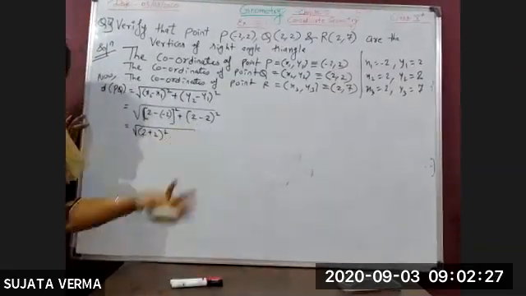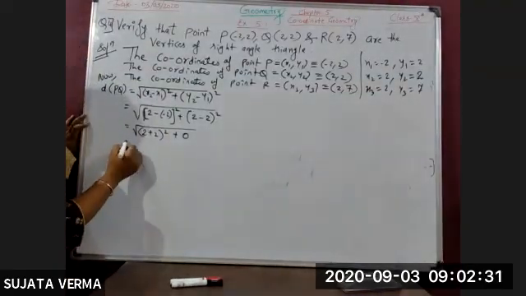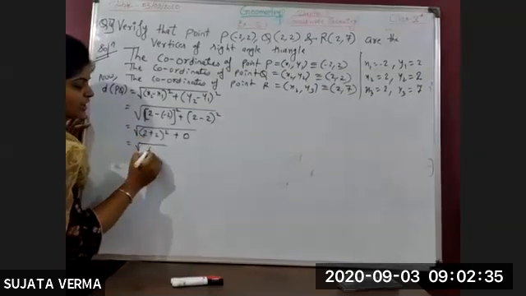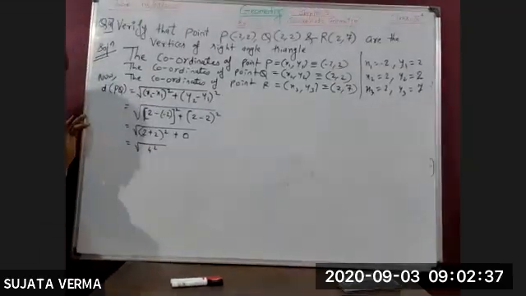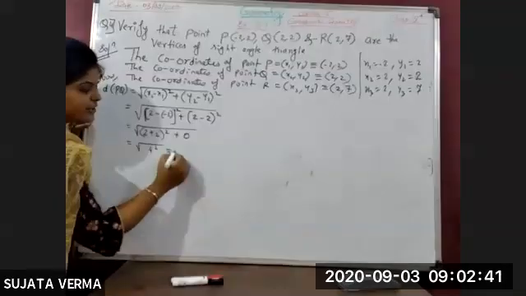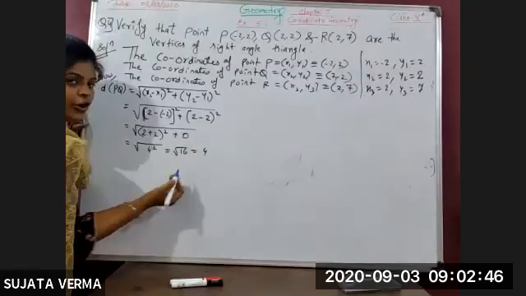Here 2 minus 2 is 0. Finally we get 2 plus 2, that is 4 square. Now the square of 4 is equal to 16 and the root of 16 is 4.